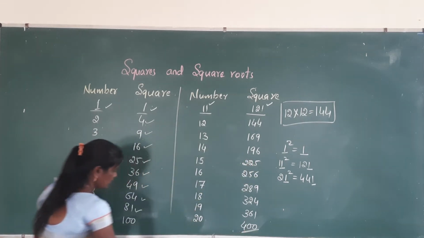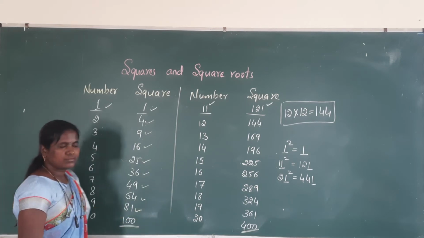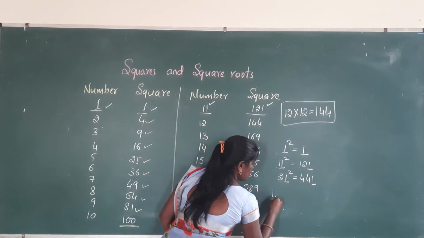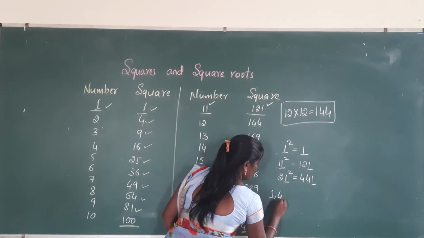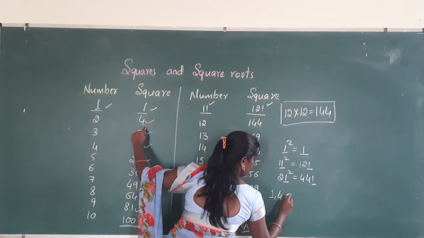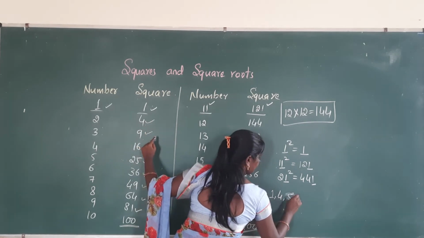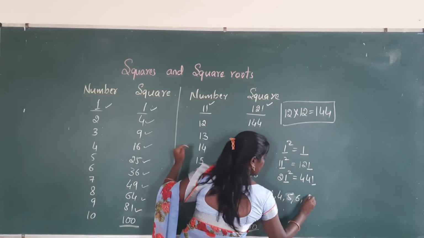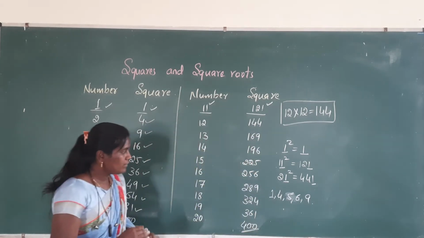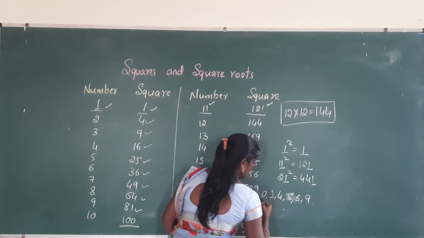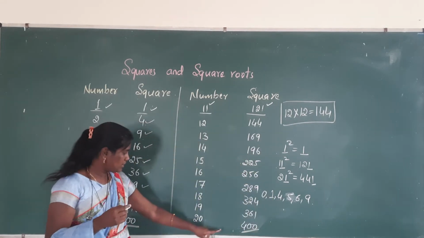I'll tell you the property about the zeros. The numbers which end with 1, 4, 9, 5, 6 and also 0 can be taken, because 0 is there.